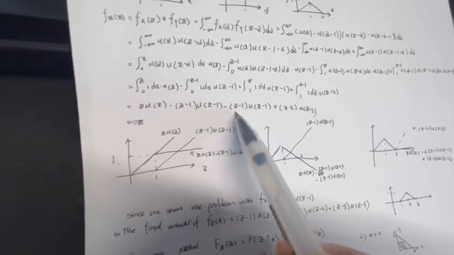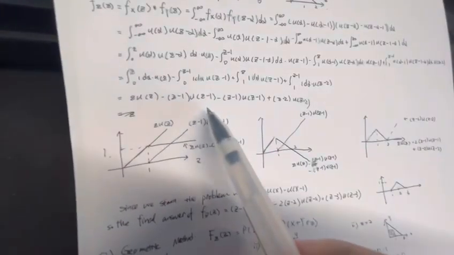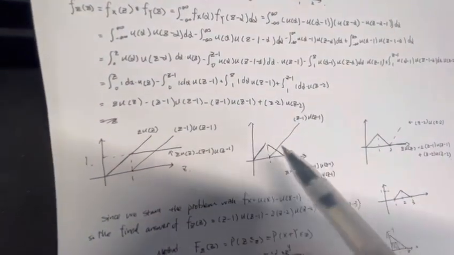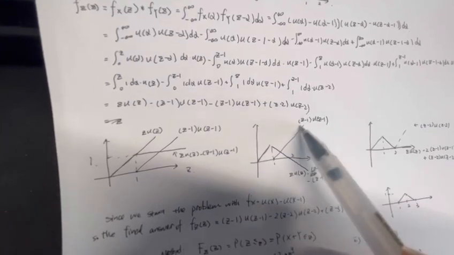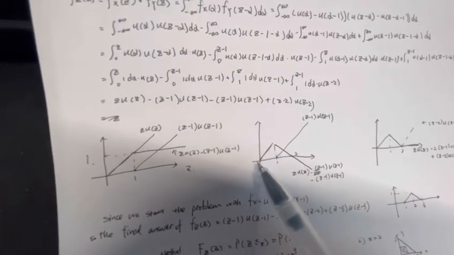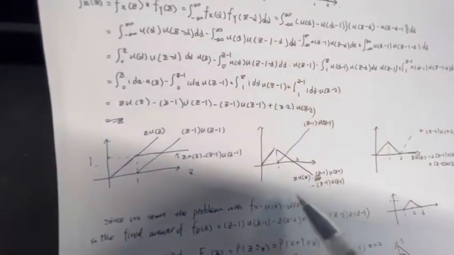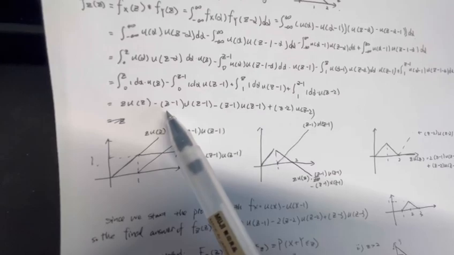And then we're going to calculate this part. So this line is the same as this line. So it also looks like this, and we got this line right here. We're going to use this minus this line, and then we can get this line. So it's z times u(z) minus 2 times z minus 1 times u(z minus 1).